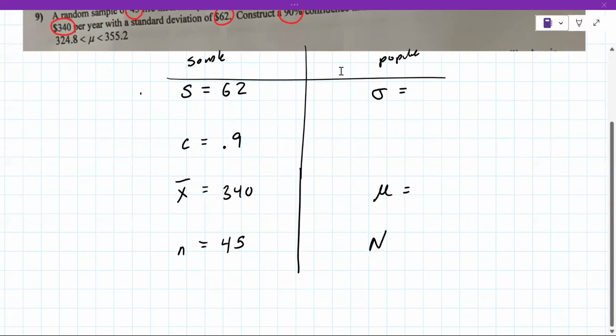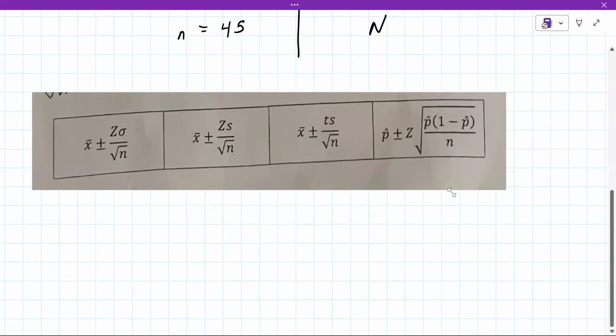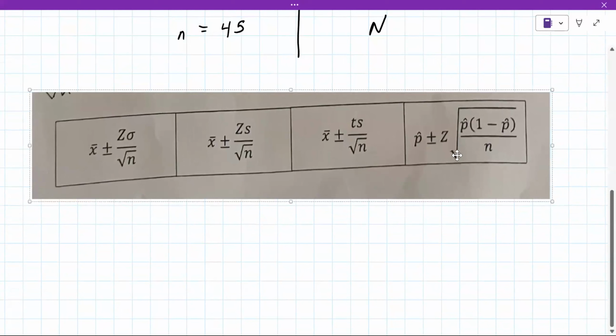The main ones that I'm seeing that come into play here would be good to have. I'll snip that in. That didn't snip well. Okay, so these are the main ones that you might need.